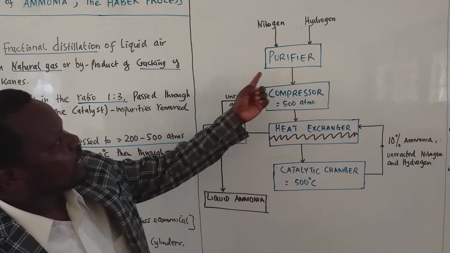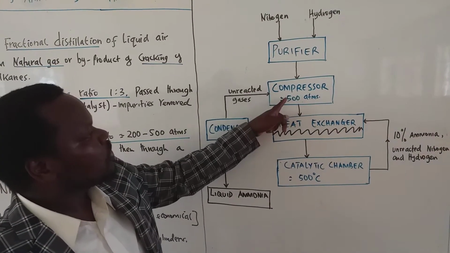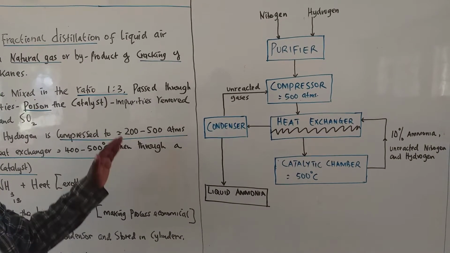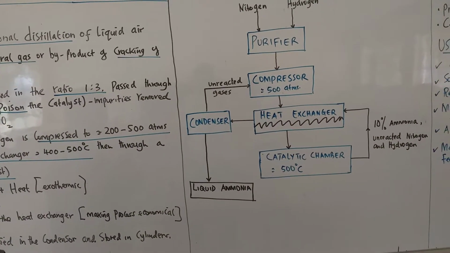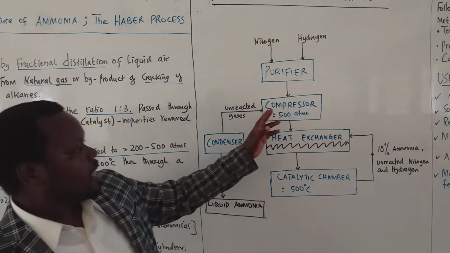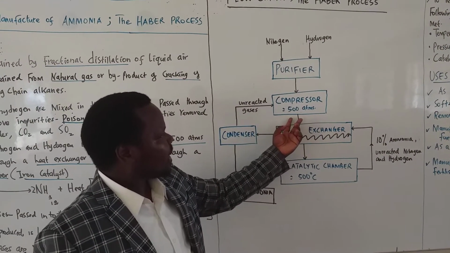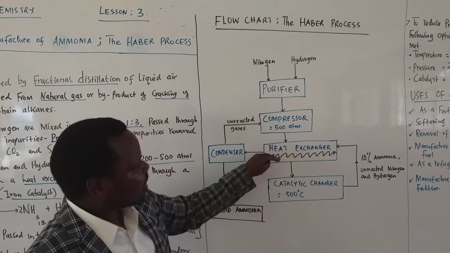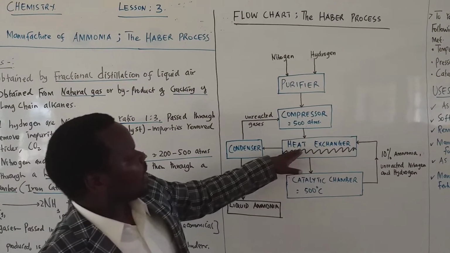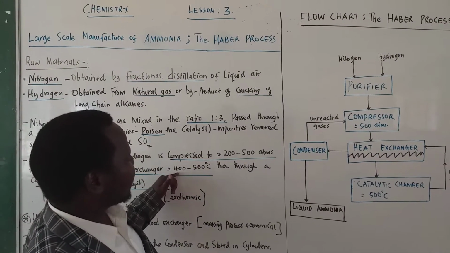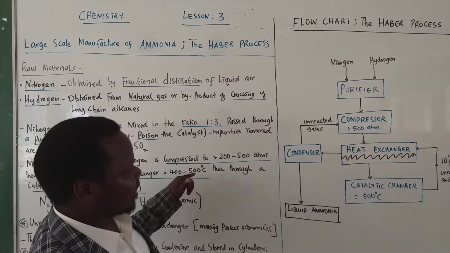Then nitrogen and hydrogen go into the compressor, where there is going to be compression of between 200 and 500 atmospheres. Then the mixture of the two gases under very high pressure goes into the heat exchanger, producing temperatures of between 400 and 500 degrees Celsius.